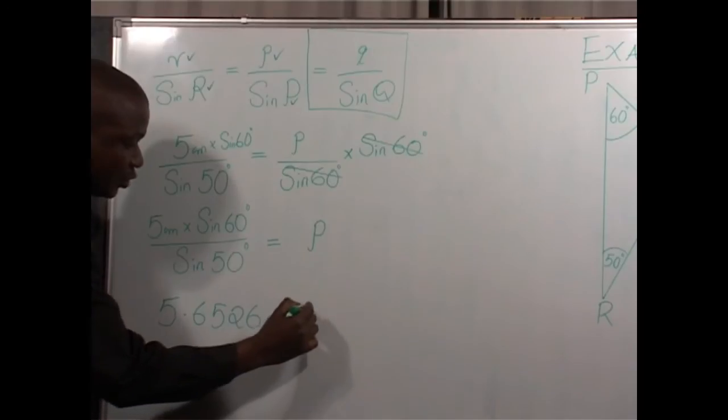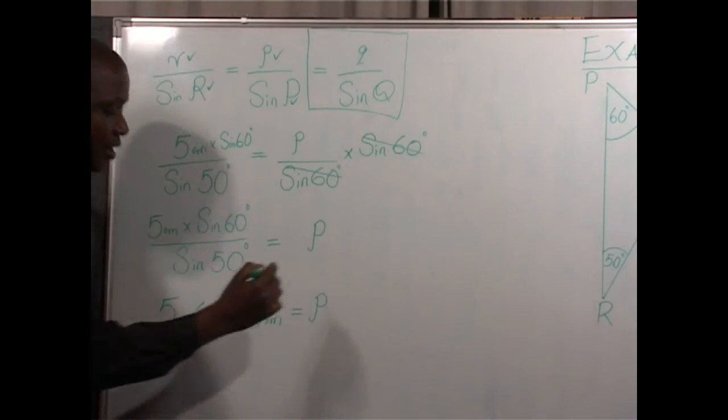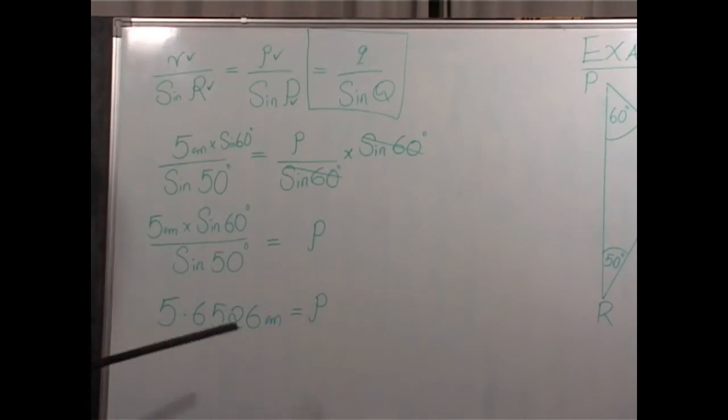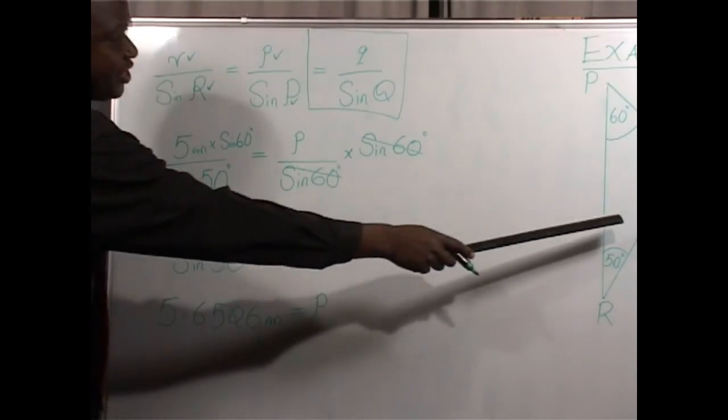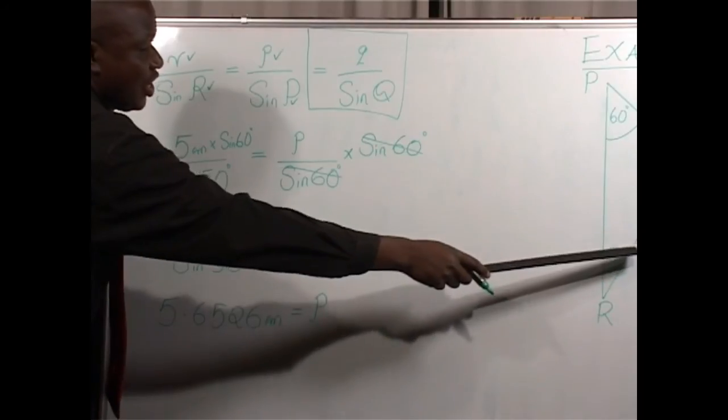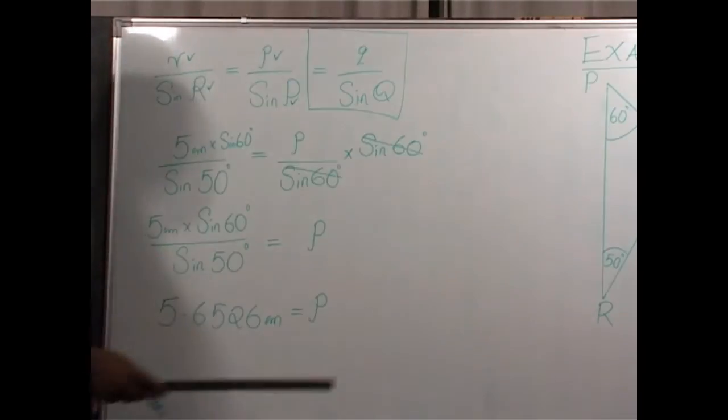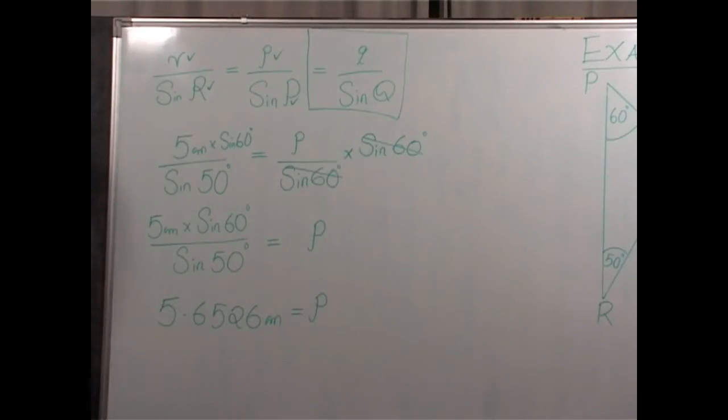This is what p is equal to. And this small letter p, as we have agreed, is the one representing the side QR, which is opposite capital letter P. So at this point, we need to correct this answer to 3 significant figures.